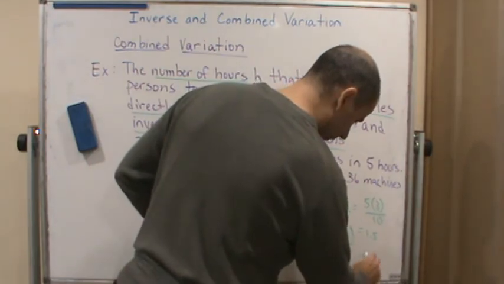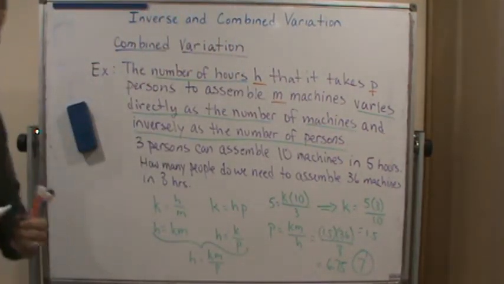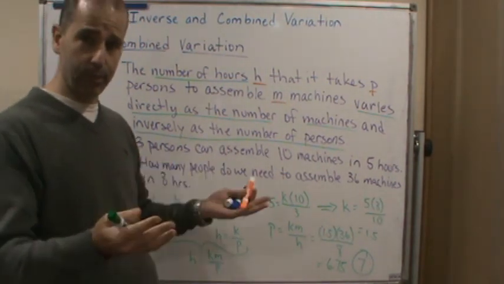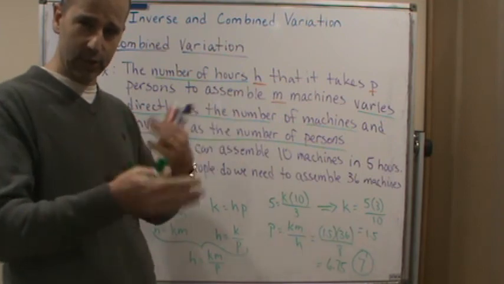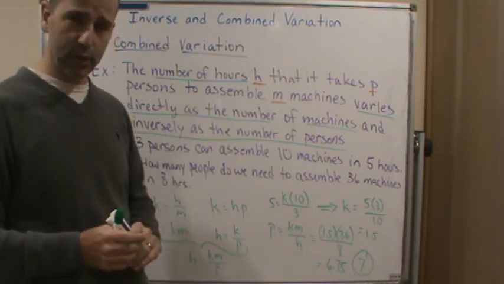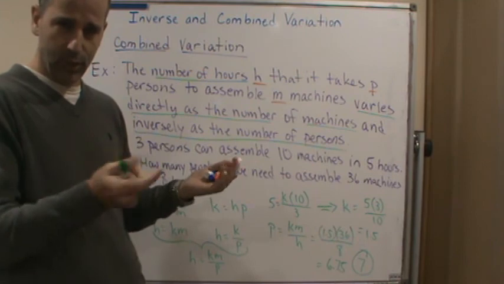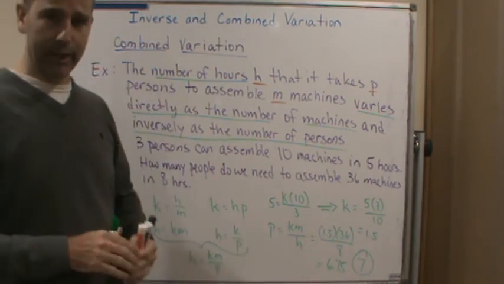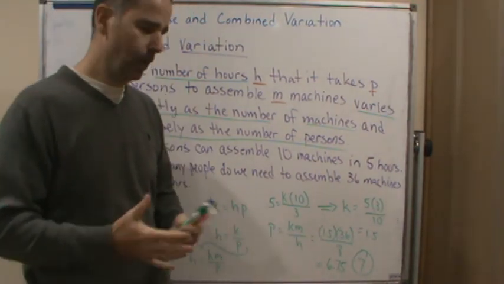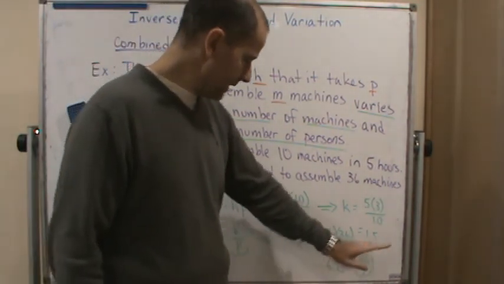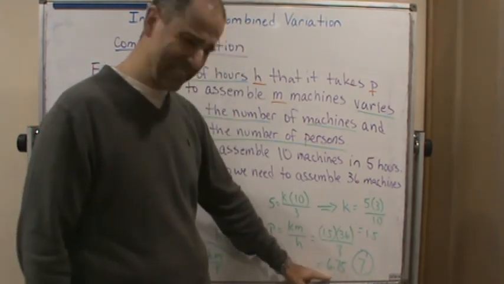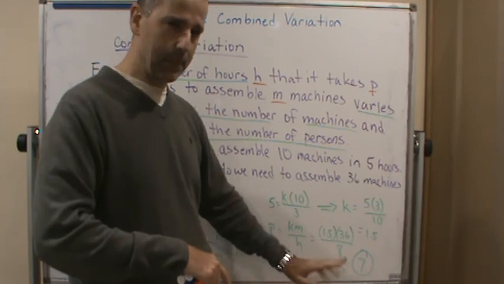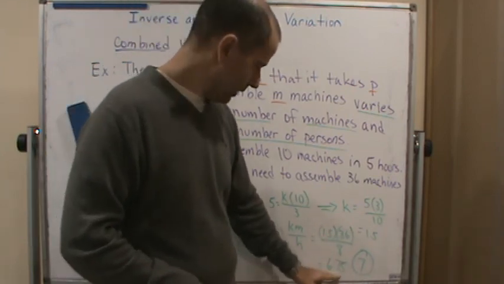Okay? So that's the answer. The answer is not 6.75 in this case, because in the context of the problem, if we were just throwing numbers, like in the previous examples where we just had variables and numbers, then 6.75 would make sense and there'd be no issue. But in this case, we're talking about people. You can't have 3/4 of a person. So the answer has to be 7, because if we say 6, then we're not going to meet the deadline. 6 people won't do it, but 7 people will.